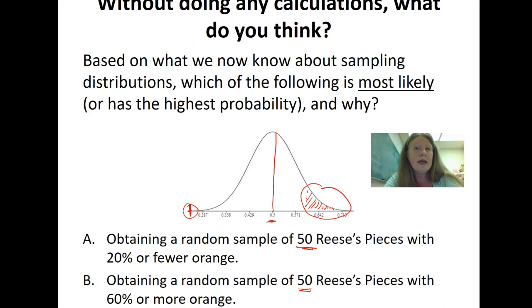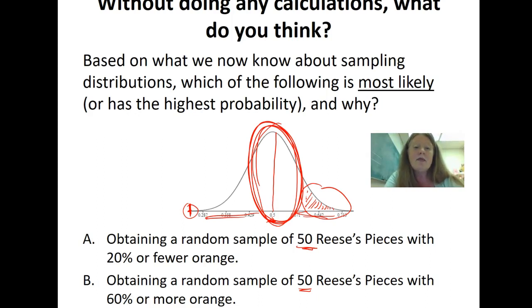Another thing to be thinking about is that if we imagine that we're repeatedly sampling from a population that has a particular parameter, in this case 50%, we would expect that if we're randomly sampling and collecting all those sample statistics, the statistics are going to cluster around that parameter. A lot of the statistics are going to be close to that true parameter, and then they start to trail away from the parameter.